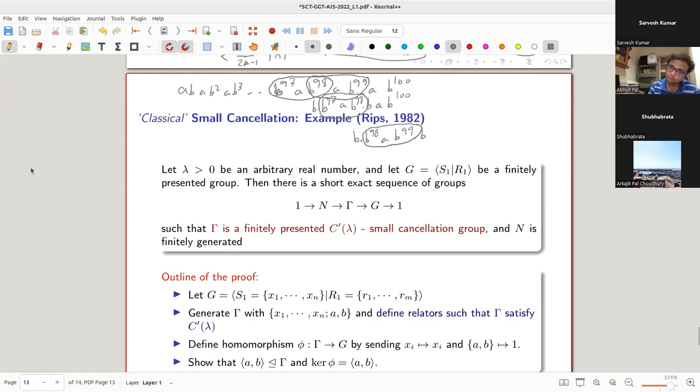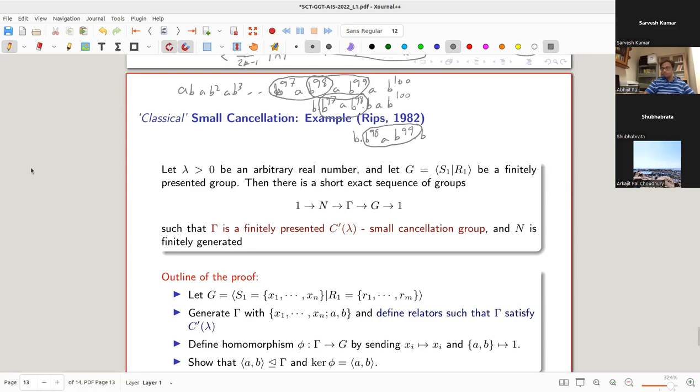And this theorem says that I can see any given finitely presented group G as a quotient of a small cancellation group, a Gromov hyperbolic group in particular.